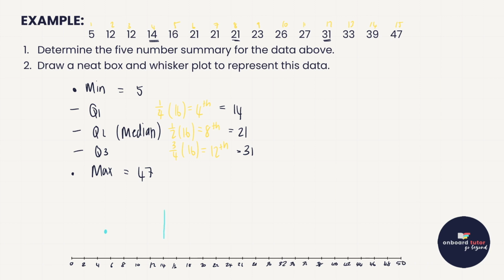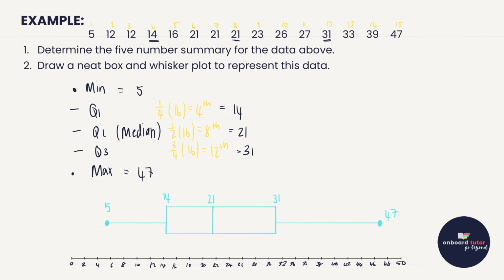Quartile 2 is 21, so between 20 and 22 there. Quartile 3 is 31, so that's going to go over there. And finally, the maximum here is at 47, and we'll plot that. And then we'll use the ruler to close this box and whisker plot. There we go. Now I've represented it as a box and whisker plot.